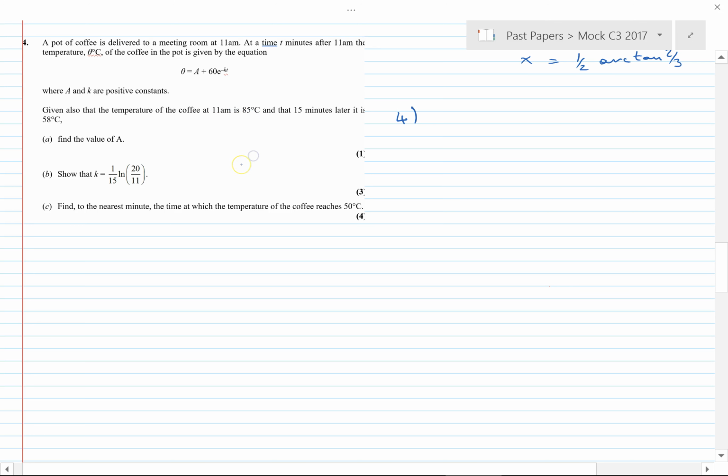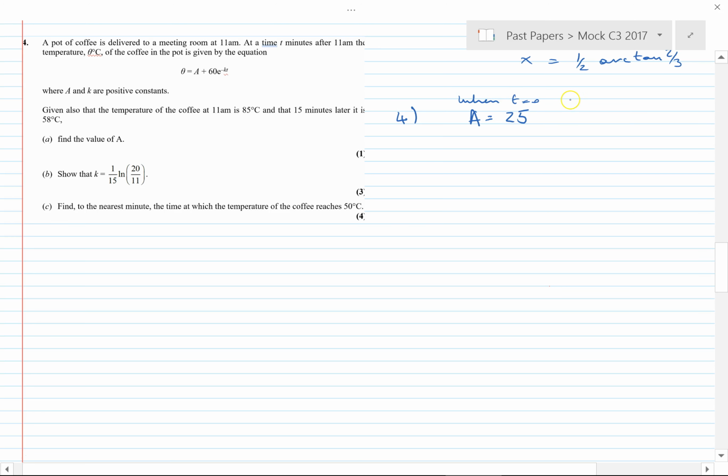So when t equals 0, we got this equal to 1 here. So in order for it to be 85, that will need to be 25. Be careful, but you don't really need to write any work in there. A is 25 is the answer there. So when t equals 0, A equals 25.